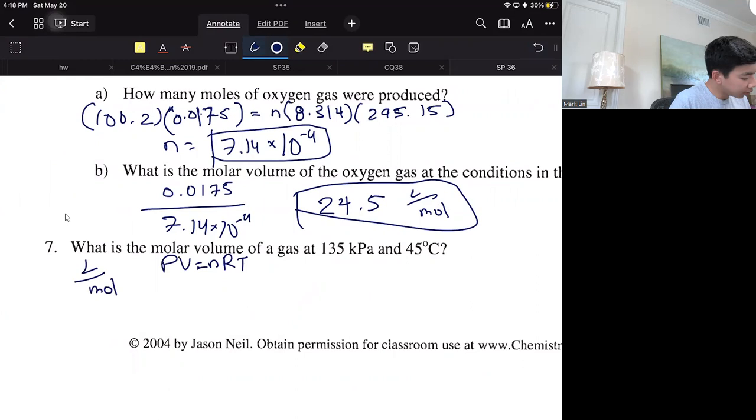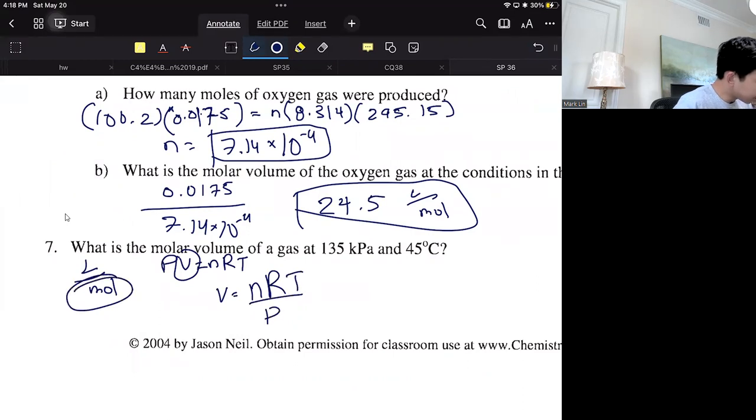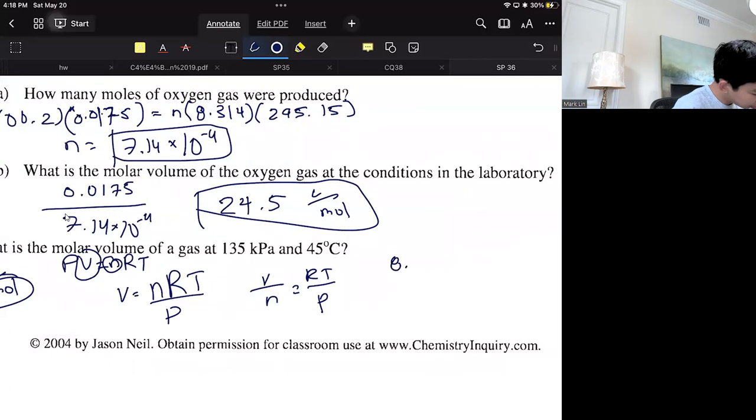So liters is V. If we isolate V, it's V equals nRT over P. And then moles is N. So it's gonna be V over N equals RT over P. R is the constant, so it's 8.314 times temperature. Not 45 because it needs to be in Kelvin.